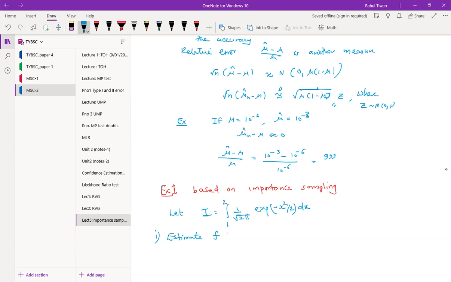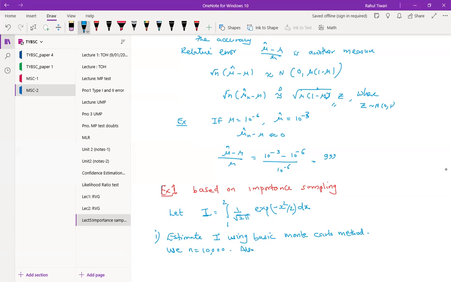Okay. So first part, you have to estimate I, I've assumed it is I, using the basic Monte Carlo method. Use n as, let's say, 10,000.